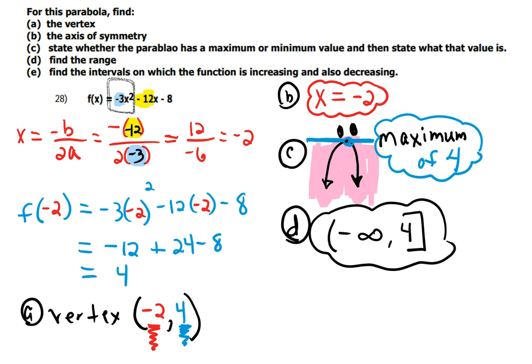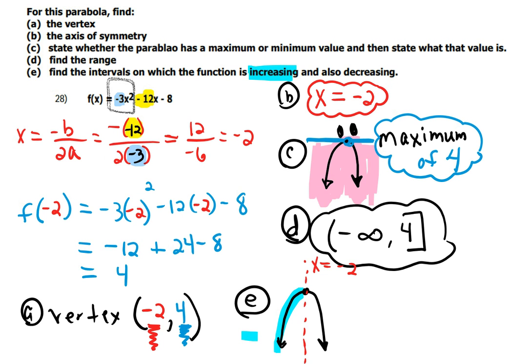And then E is find the intervals on where it is increasing or decreasing. Okay, again, it's a parabola that's upside down. And this point right here is the vertex, which has an axis of symmetry going through the -2, right? X equals -2. So the function is, let's see, it's increasing on this side. So from this whole left side of the graph is where it's increasing.